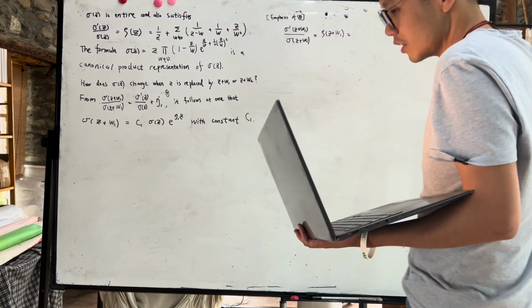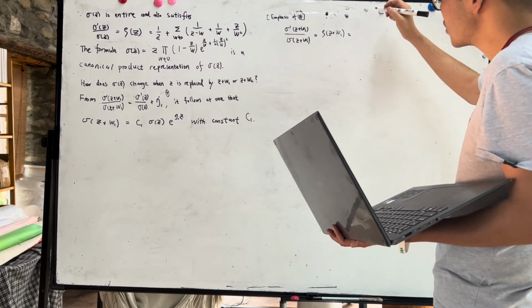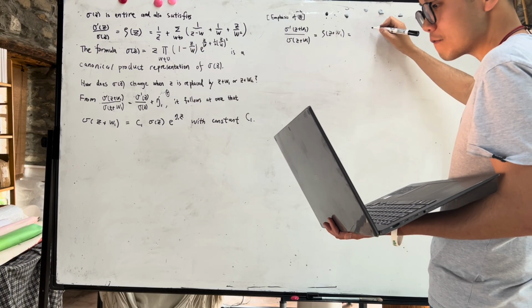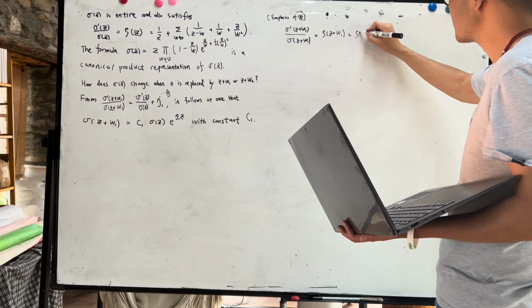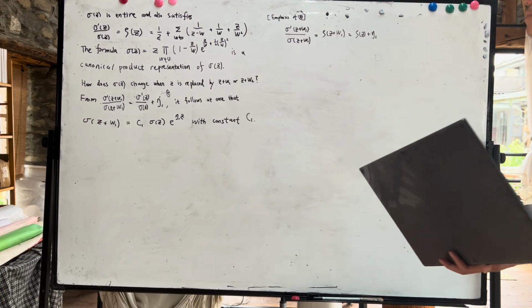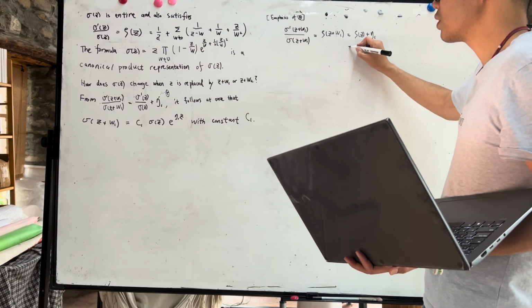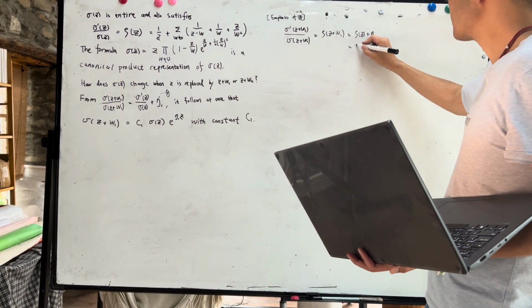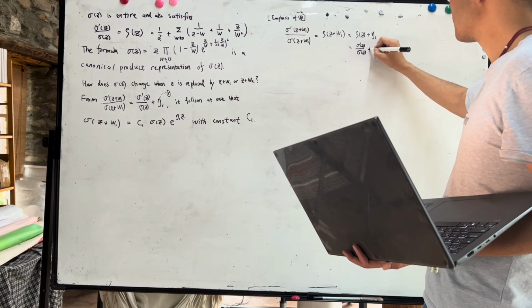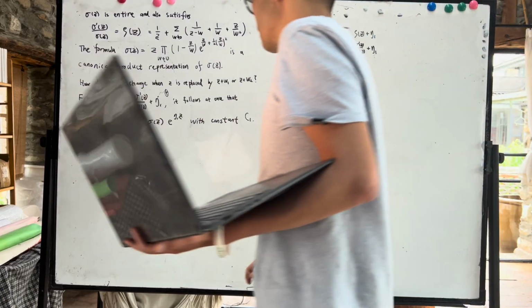So z plus w1 is equal to zeta z plus eta 1, which is equal to exactly sigma prime z over sigma z plus eta 1.